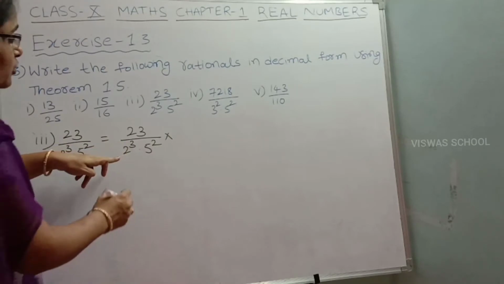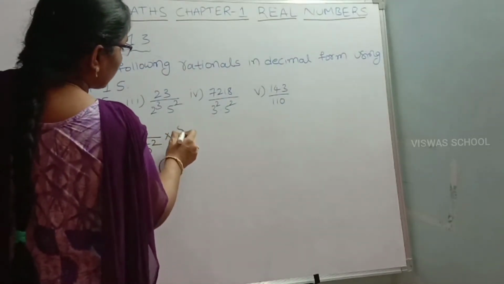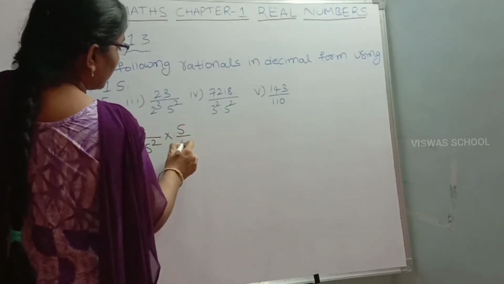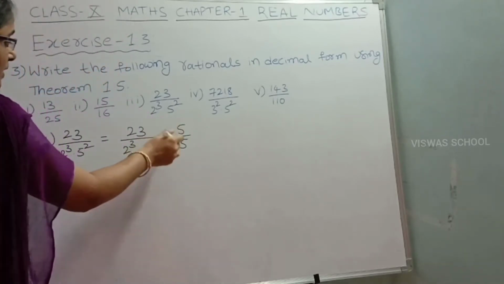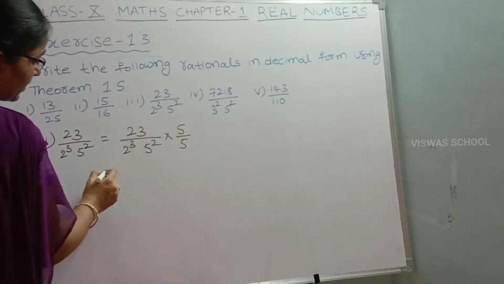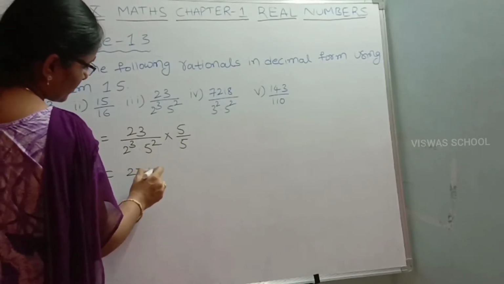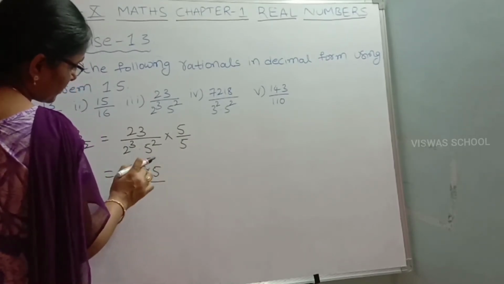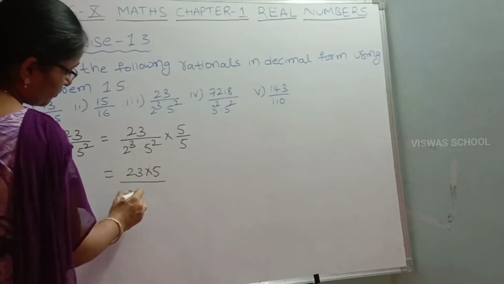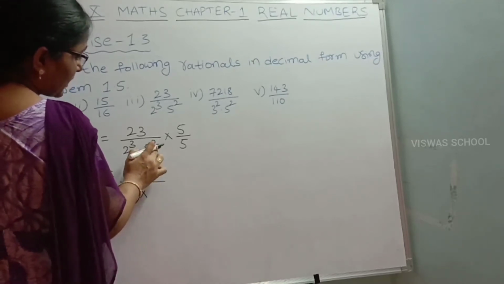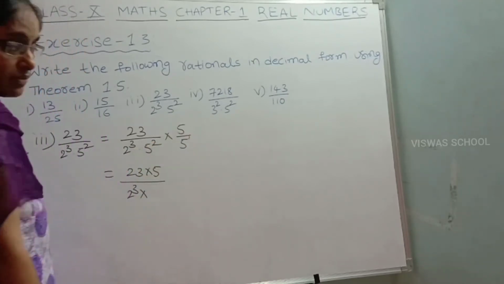That is, we have to multiply it with what? Converting to powers of 10, if you multiply and divide with 5, then it is 23 into 5 by 2 cube into 5 square into 5 to the power of 1.